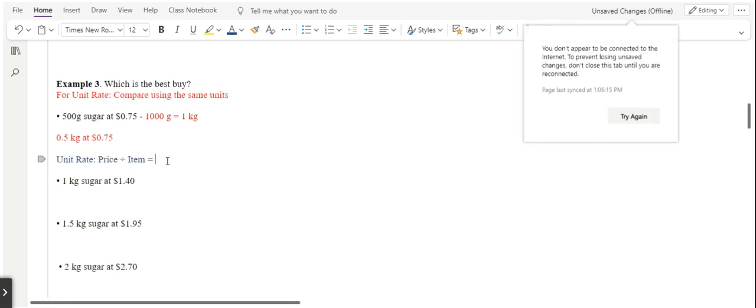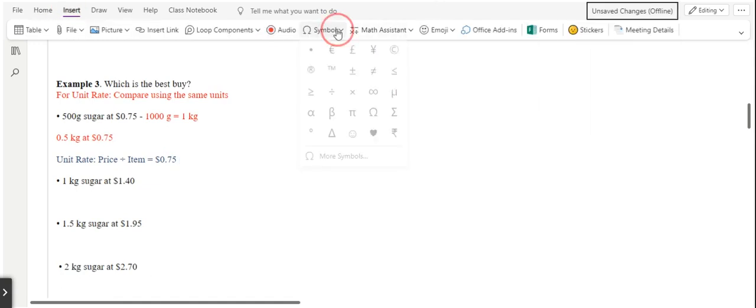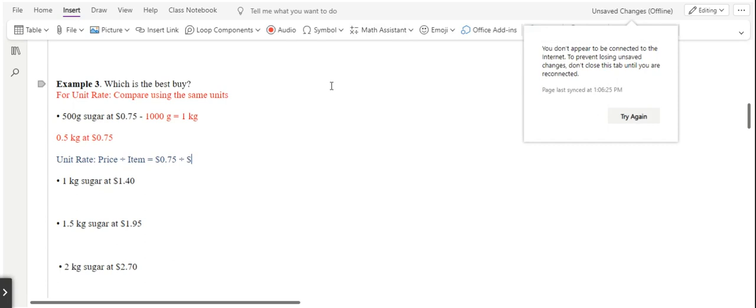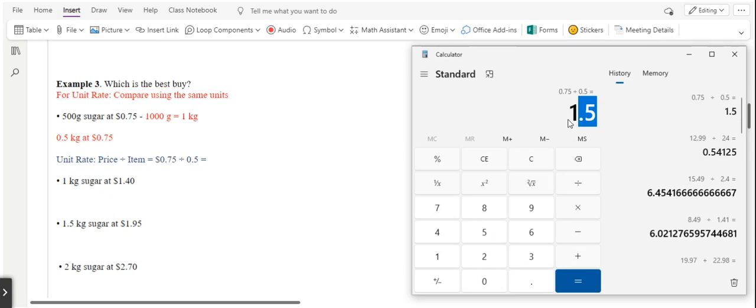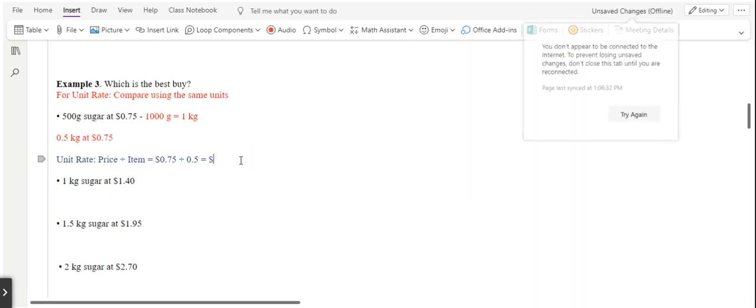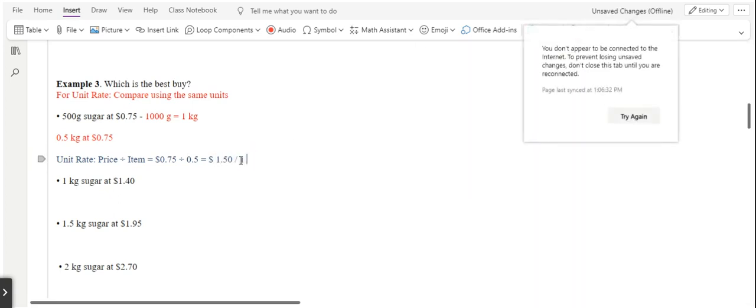Okay, and so this is going to be the 75 cents divided by 0.5. So if you were to take 0.75 divided by 0.5, that's going to give us 1.50. So this is $1.50 per 1 kilogram.